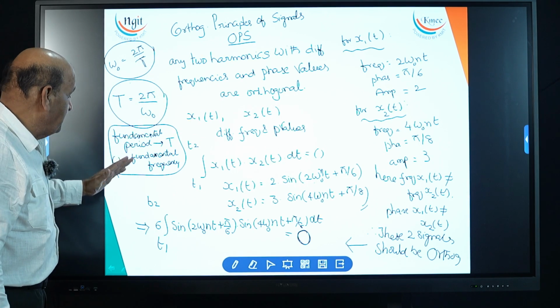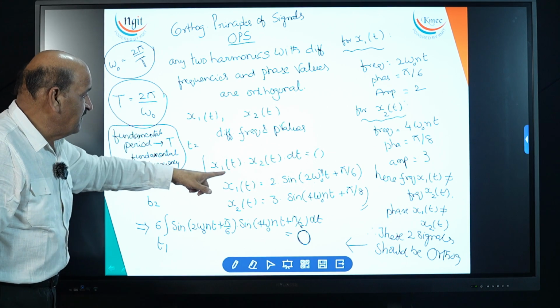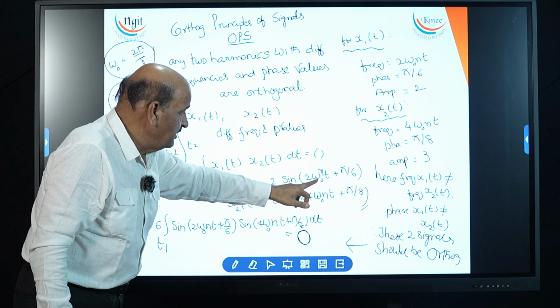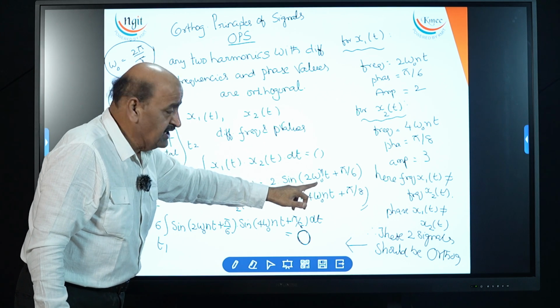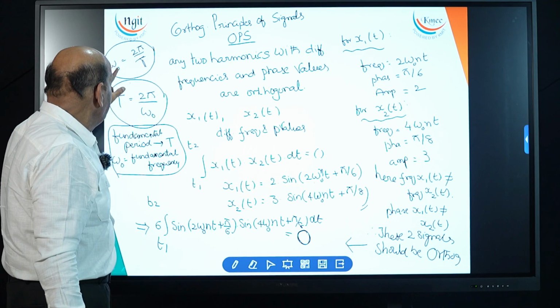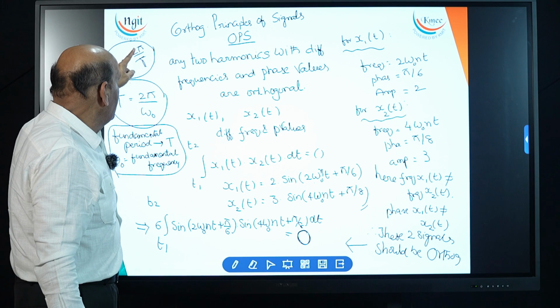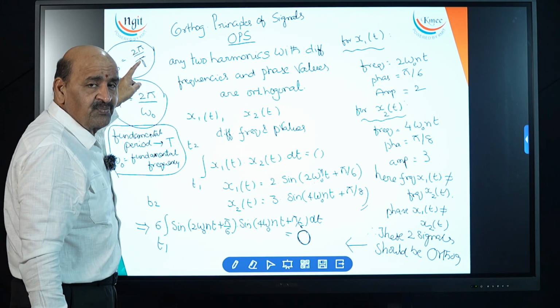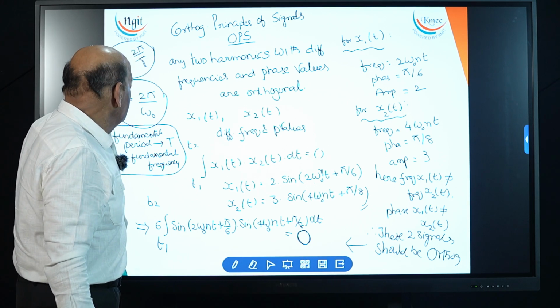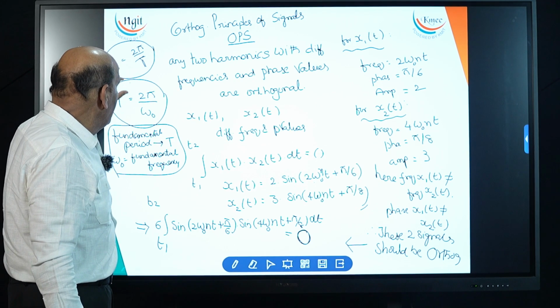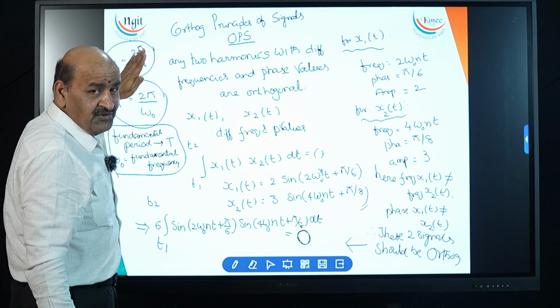That's the first principle. Wherever we mention the representation omega naught, students have to replace omega naught by 2 pi by T. So whether you write this formula or this formula, both are same.